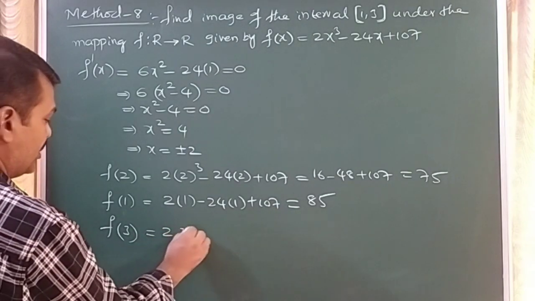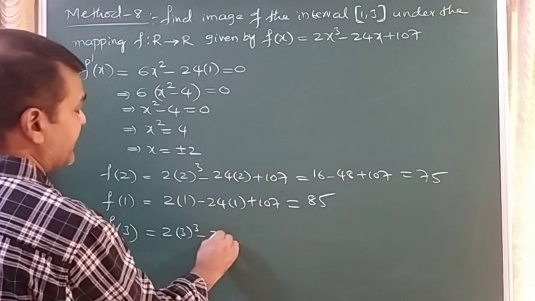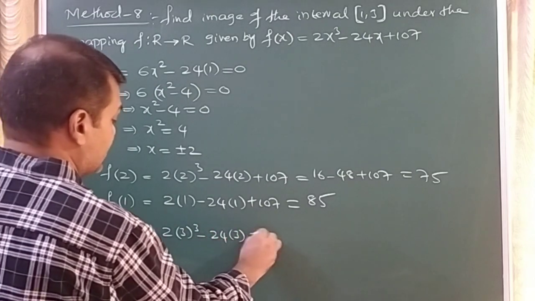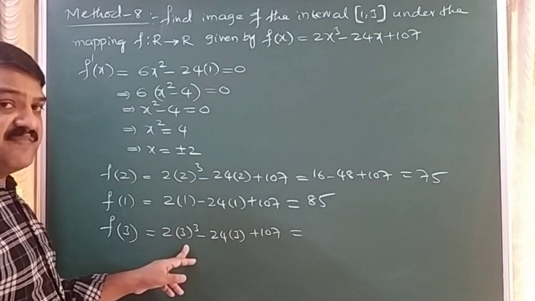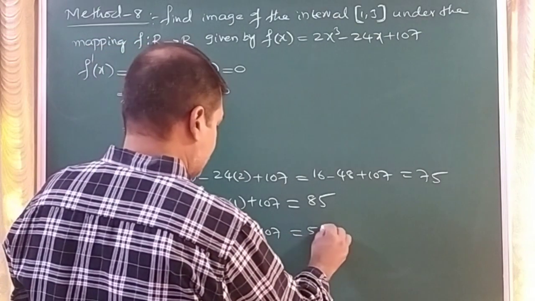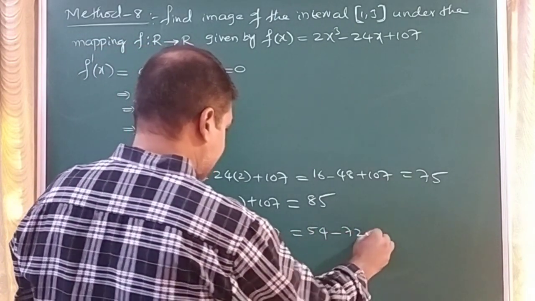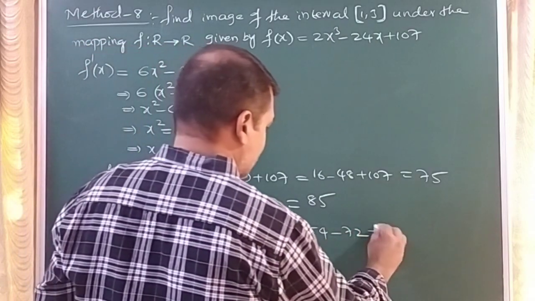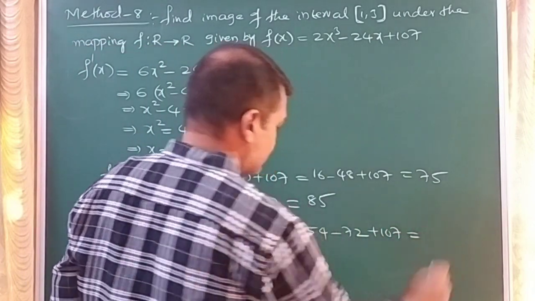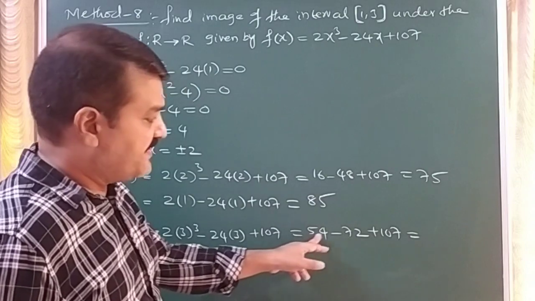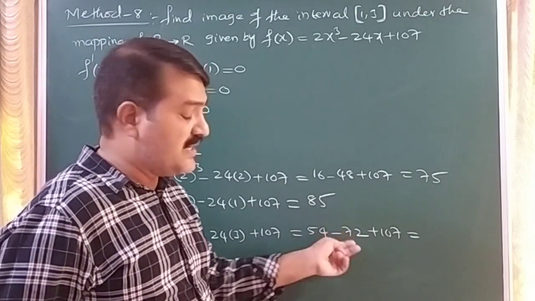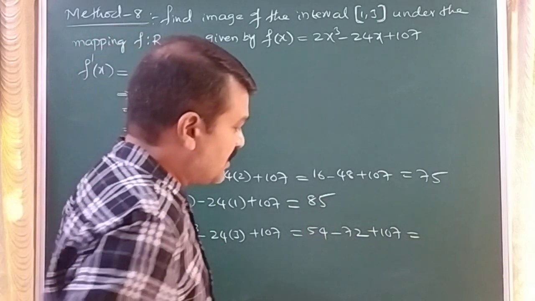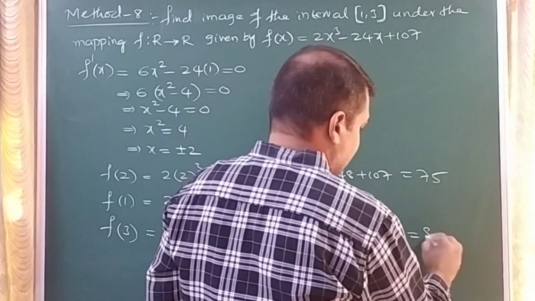So 2 into 3 cube minus 24 into 3 plus 107. 2 into 27, 54 minus 72 plus 107. So 54 minus 72 means that is minus 18. So 107 minus 18 means it is 89.